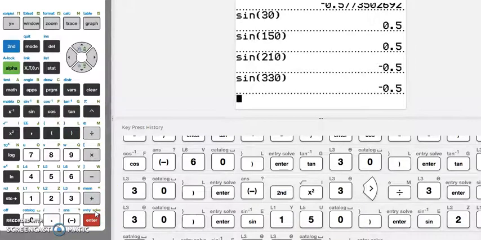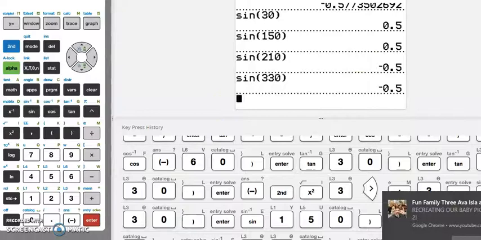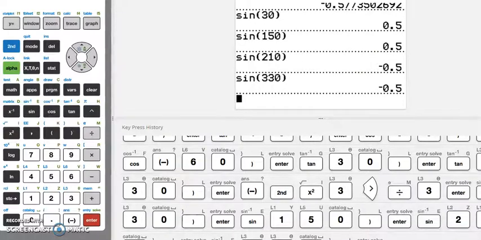All right? So you have two signs that are positive, and you have two signs that are negative, right? And it's always going to be your angles in quadrant 1 and 2 are positive, and quadrant 3 and 4 are negative for sine, right? We know cos 1 and 4 are positive, 2 and 3 are negative. We know tan 1 and 3 are positive, 2 and 4 are negative.